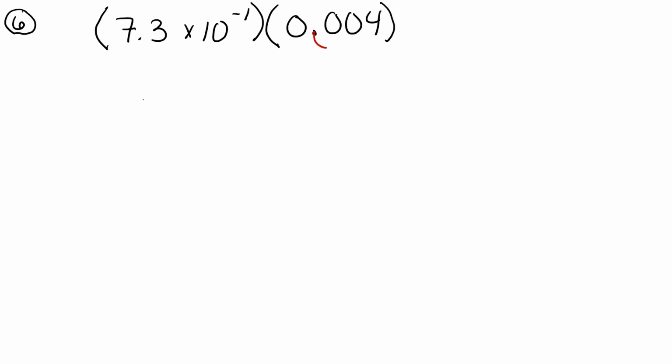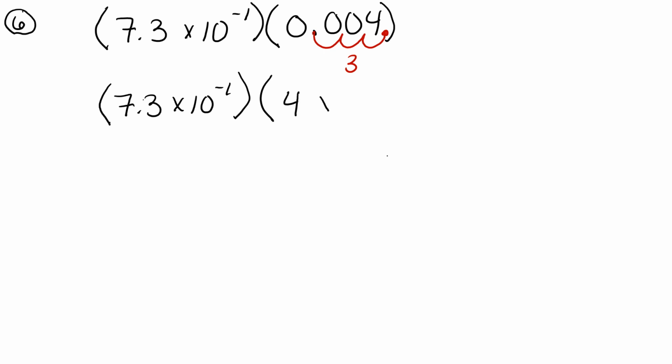So for the second number, we're going to move the decimal point 3 times so that it ends up at the back. The 7.3 times 10 to the negative 1st is already in scientific notation, so it's good to stay the same. The second number changes to 4 times 10, and it would be to the negative 3rd power. 3 because we move the decimal 3 times, and negative 3 because there's zeros in the front.